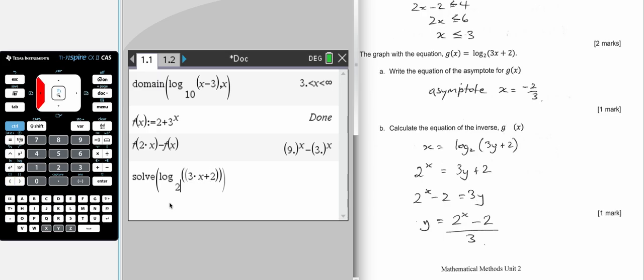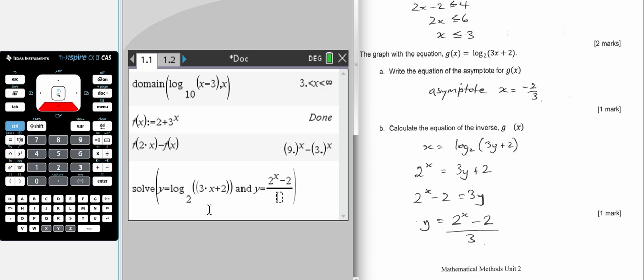So we've got that. We'll need a y equals, and of course then we need a y equals 2 to the power of x minus 2 over 3, and then comma x comma y.